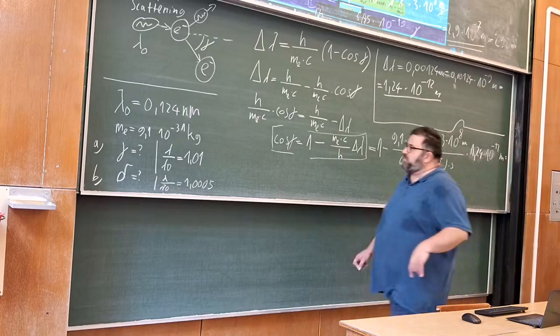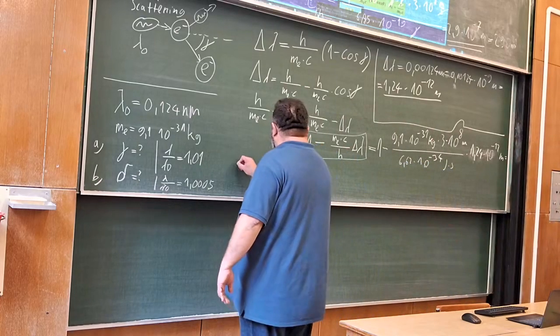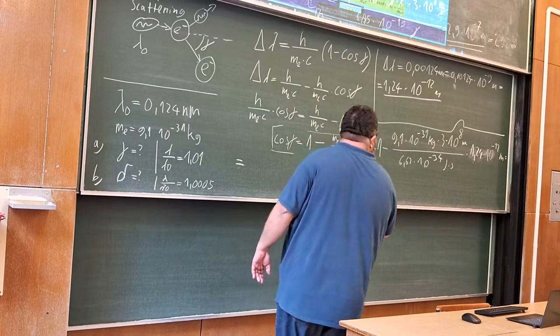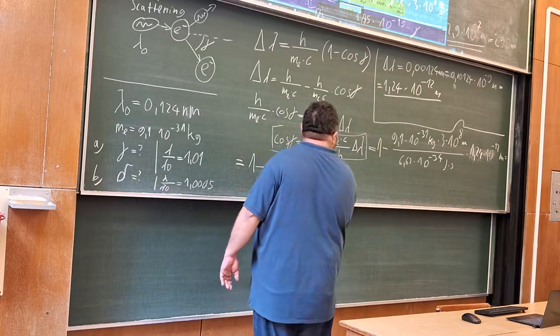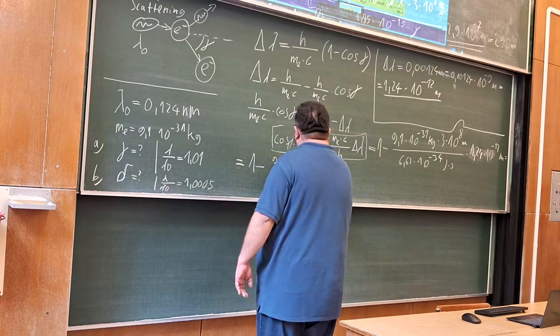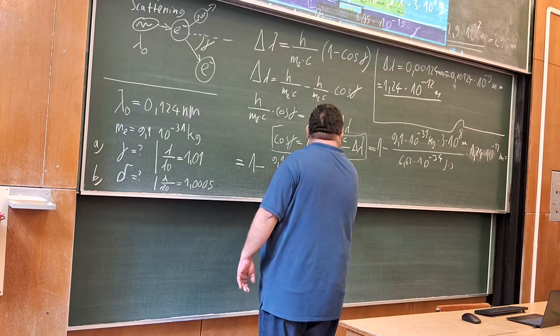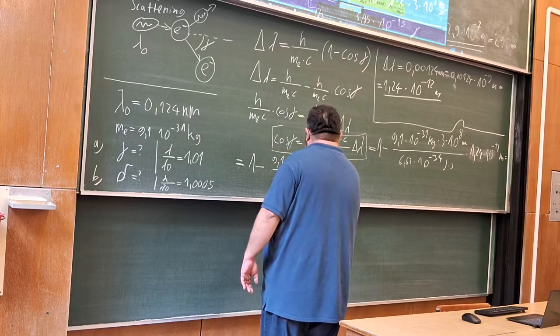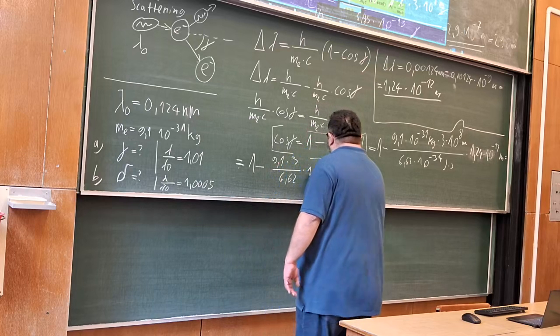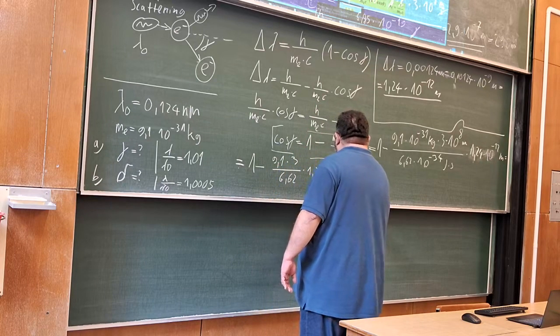There won't be any dimension, and that will be 1 minus 9.1 times 3 per 6.62, sorry, 1 times.